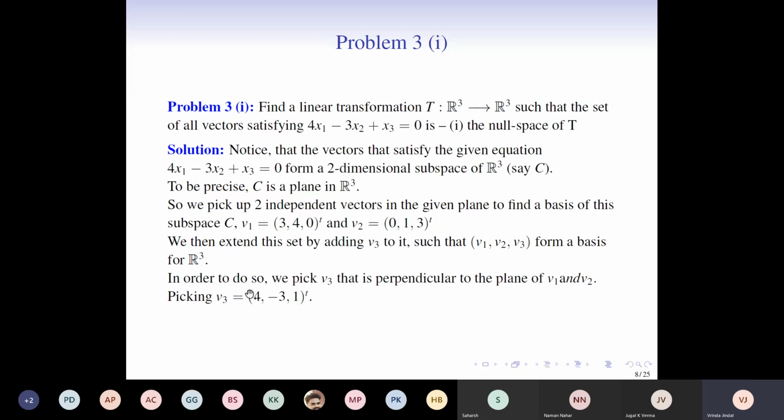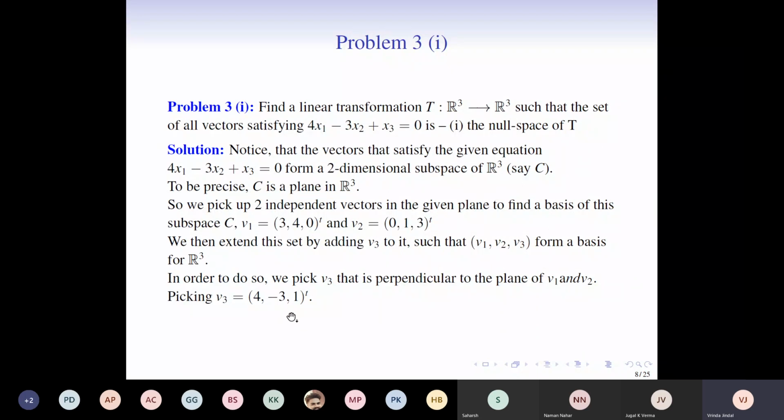So how do we do that? We pick a vector in R3 that is perpendicular to the plane of v1 and v2. So how do we pick a vector that is perpendicular? Recall that the coefficients of x1, x2, x3 in the equation of this plane will directly give us a vector that is perpendicular to this plane in R3.